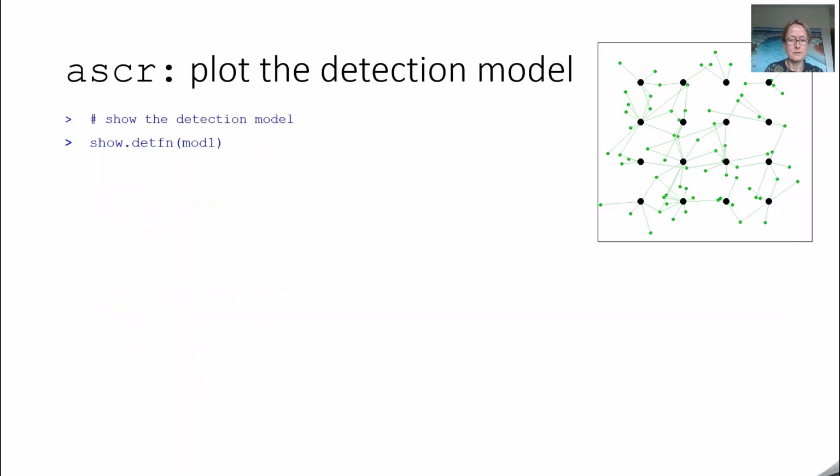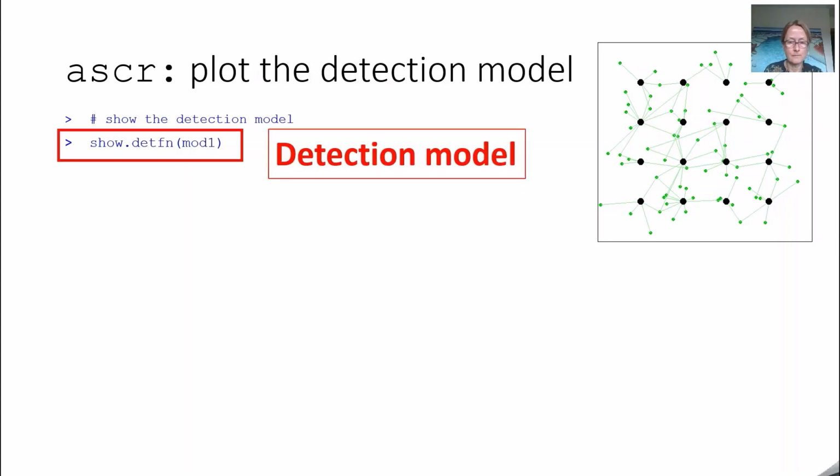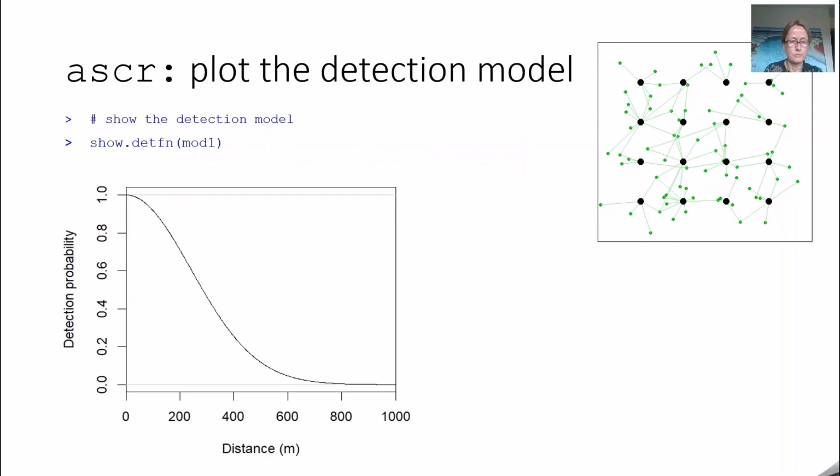You can also have a look at the detection model using this function. This will show you a plot which shows how your detection probabilities decrease with increasing distance from the detector.